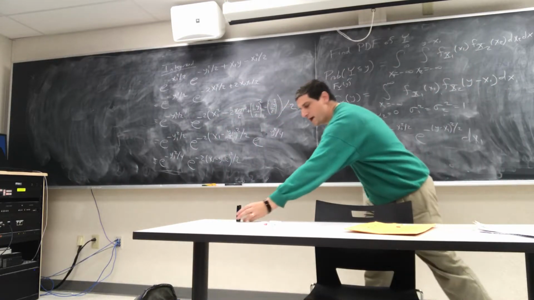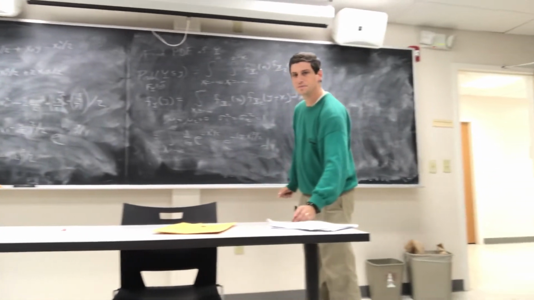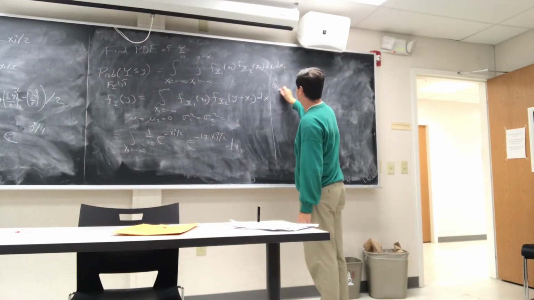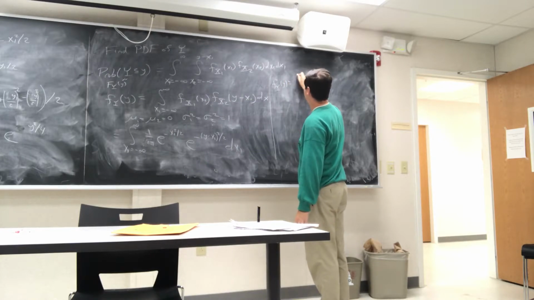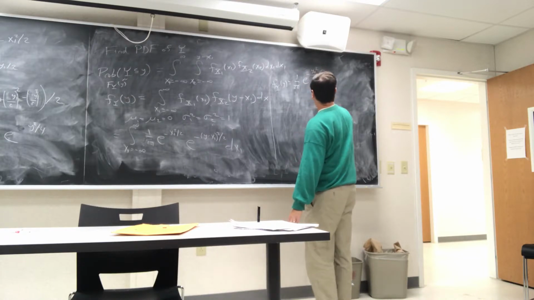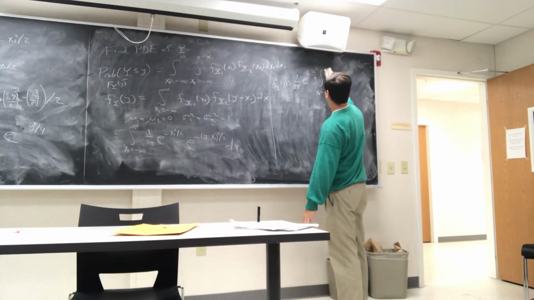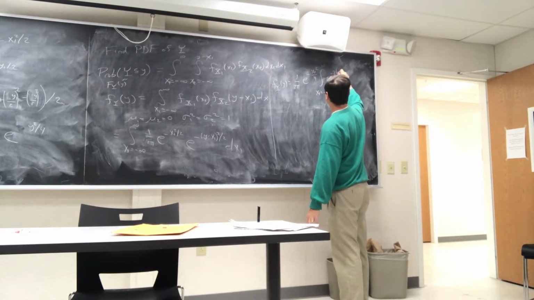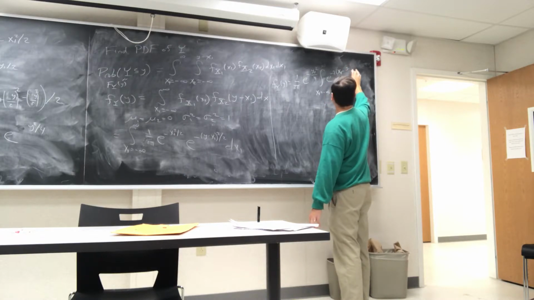So when I come back now and I substitute that in, I get the density of y is going to be 1 over 2 pi e to the negative y squared over 4 integral x1 goes from minus infinity to infinity e to the negative 2 x1 minus y over 2 squared over 2 dx1.